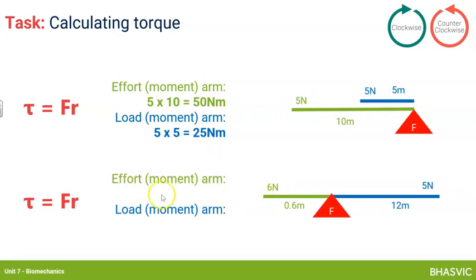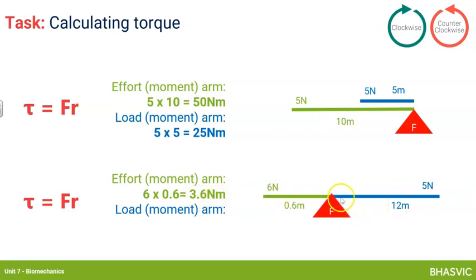Second example down here, the effort arm calculation. So the moment of the effort arm is 0.6 meters and the force is 6 newtons. So we're timesing 0.6 meters by 6 newtons and that gives us 3.6 newton meters.